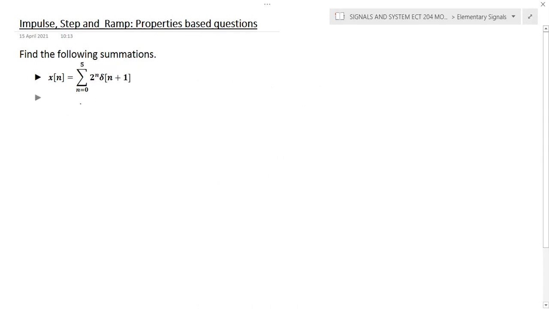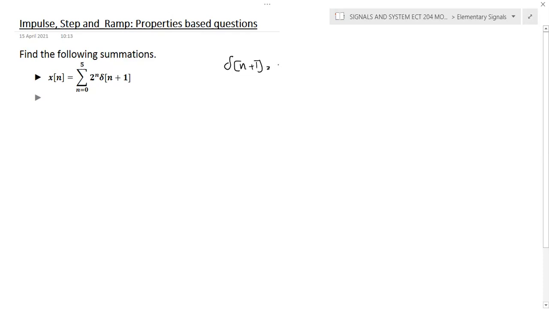Now, in this particular question, again the summation is from n is equal to 0 to 5, not from minus infinity to infinity. It's very important. Always observe the summation and the discrete time impulse signal. Here the del of n plus 1 is given.